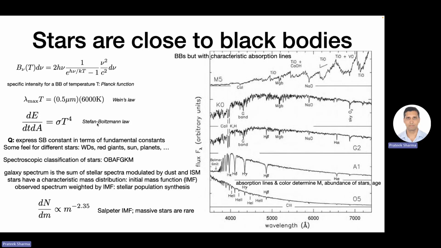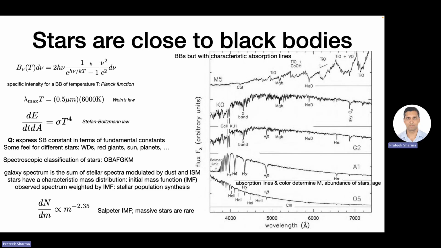This is something we also know, that energy emitted by a black body per unit area per unit time is sigma T to the 4, which is called the Stefan-Boltzmann law. This is also universal. All black bodies emit like this. If you double the temperature, the flux increases by a factor of 16. This is essentially nothing but an integral over frequency.